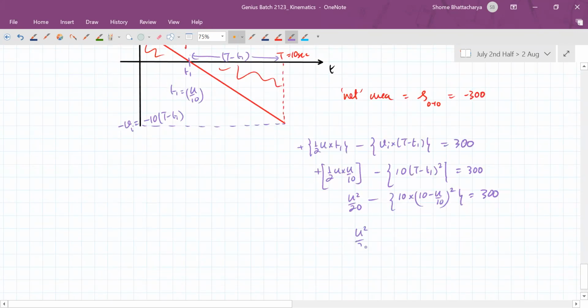So you have u square by 20 minus, when you open this bracket, you'll still have a u square by 20 term, and you'll have another 1000 term, right? And you'll have minus 2u, this kind of thing.